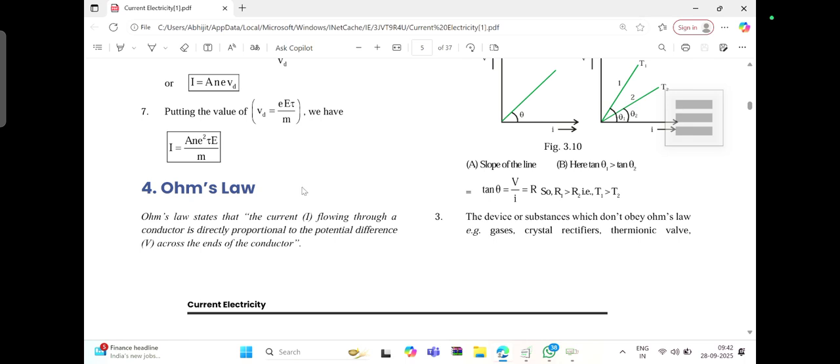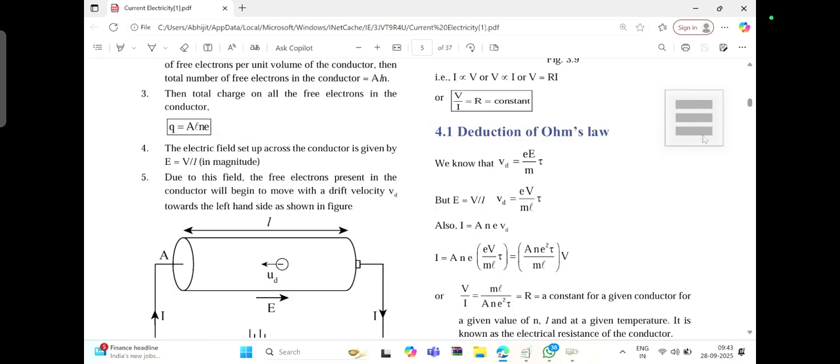So that's why I already told you that there is a temperature term on which it depends. If temperature is increased, the number of electrons increased.